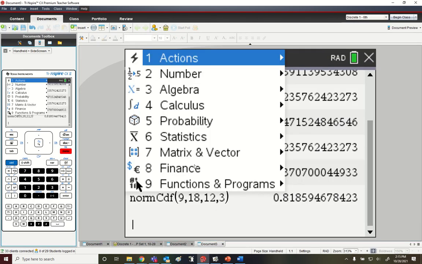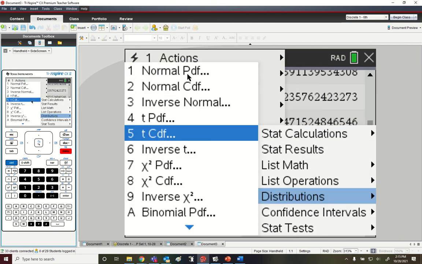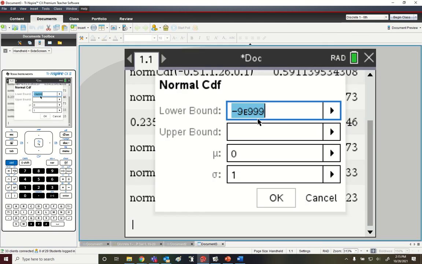So here we go: menu, statistics, distribution, normal CDF, and my lower bound we said was 17. My upper bound, so now I'm going to go 99. That's a big number all the way to the right, isn't it?